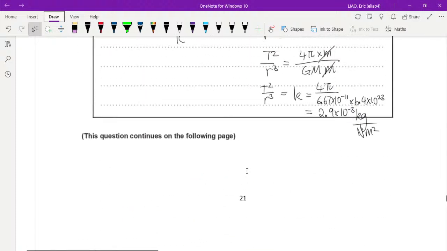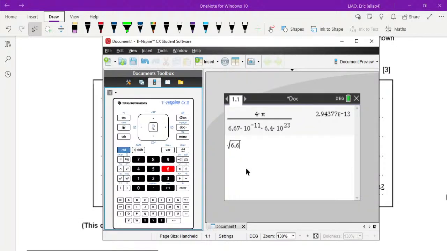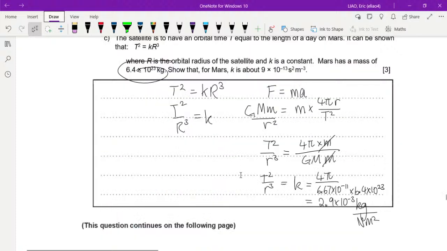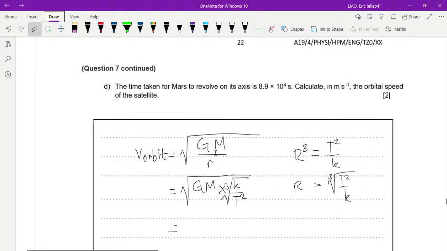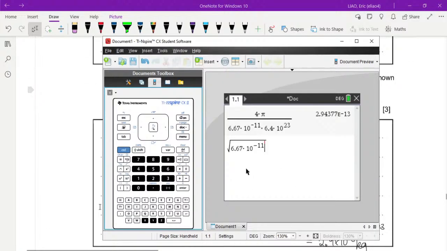GM. G is, and M is just equal to 6.4 times 10 to the 23.